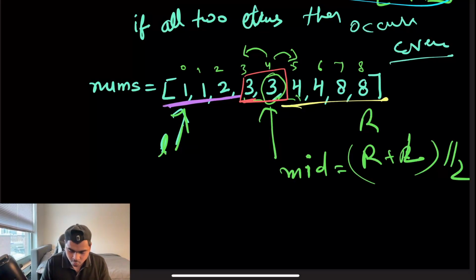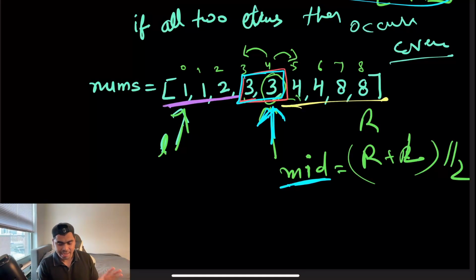But since we know that there is one extra element, and we just found out that we either find the answer or that mid does not occur twice, what we want to do from this point, with mid pointing over here, is see which side actually has an odd number of elements.